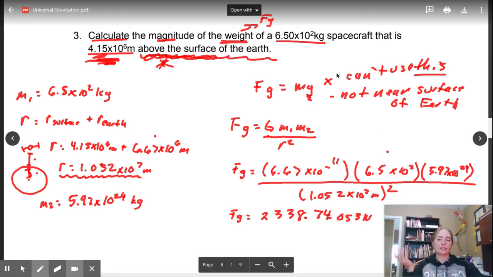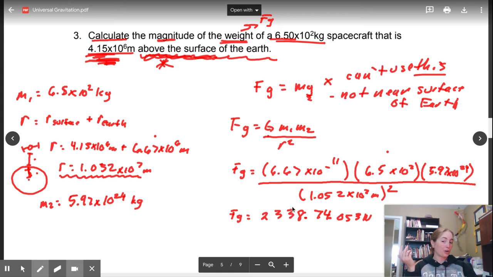Well, sig digs, 3 sig digs. When you look at the value of big G and the mass of Earth, that's 3 sig digs. Radius of Earth is 3 sig digs. So I'm going to put this to 3 sig digs.